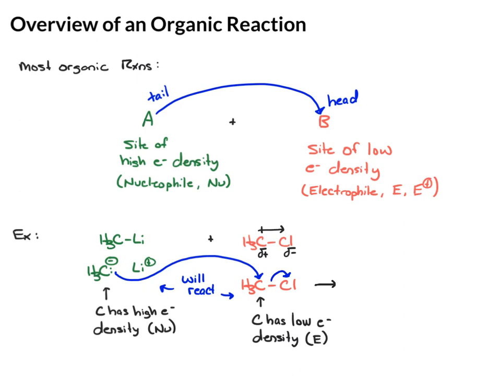So when we draw the products here, we're going to have the green carbon, or the green methyl group. Its lone pair is forming the bond with the red carbon, red methyl group. And then the chlorine already had 3 lone pairs. In the product, it has a 4th.